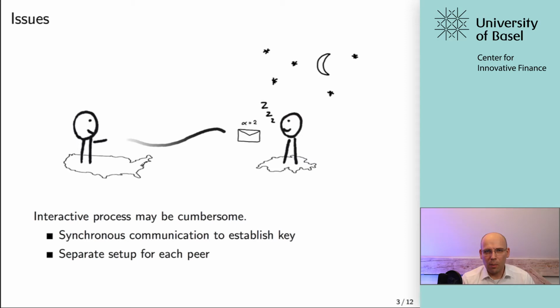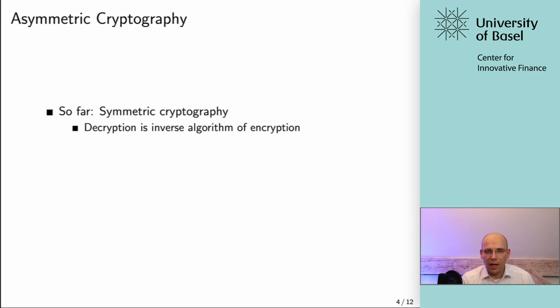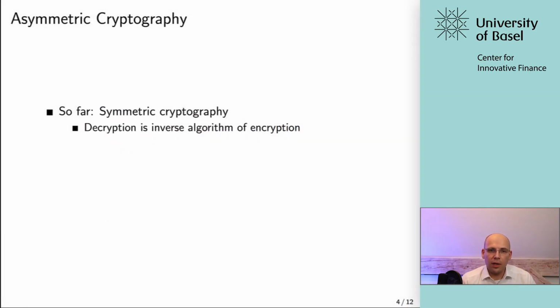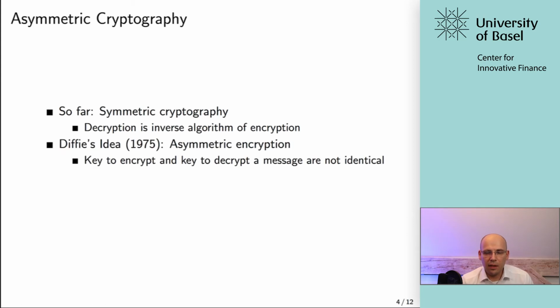So there are some drawbacks, even though it's a great step forward, and the following approach is about to solve many of these drawbacks. So far we have only talked about symmetric cryptography, symmetric encryption, where, as I've mentioned, decryption is the inverse of encryption, so you're using the exact same key.